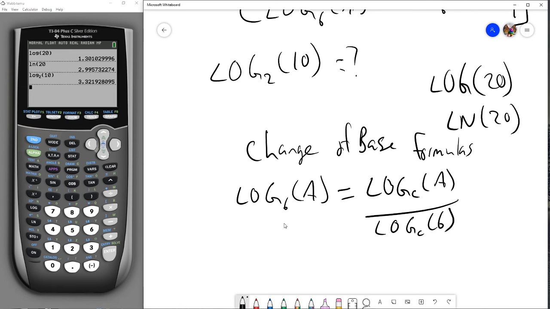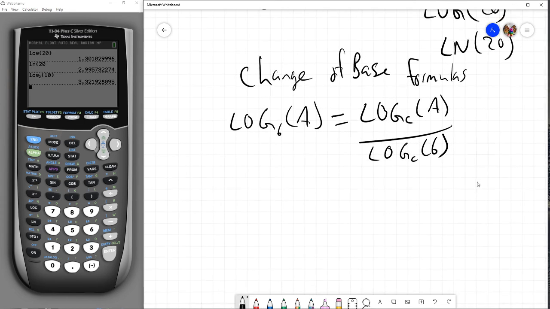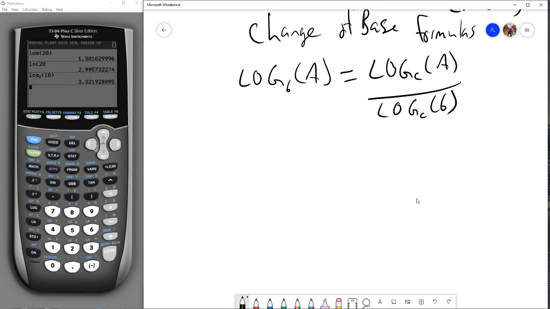So if I want to change the base here, what I need to do is pick a new value for c. Usually it's either Euler's number for the natural log or 10 for the common log. And then what I originally plug into the log will go inside the numerator log, and then the old base goes into the denominator. So now let's go ahead and prove this.